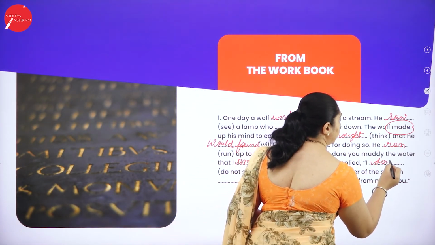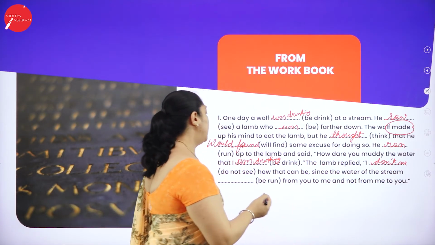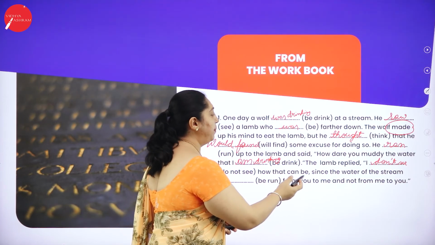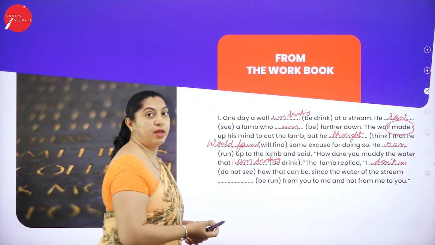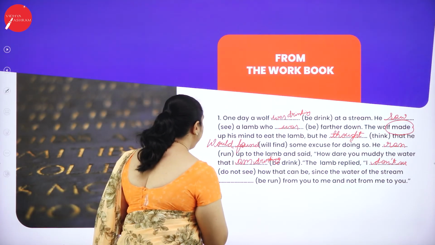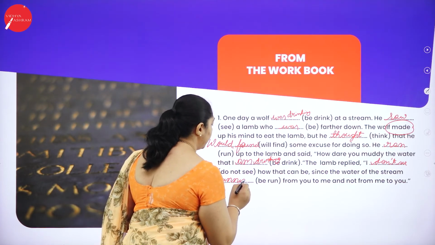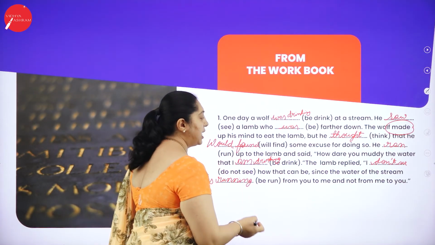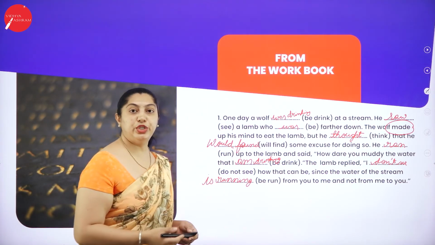I don't see how that can be, since the water of the stream be run. The water of the stream is running. Is running from you to me and not from me to you."